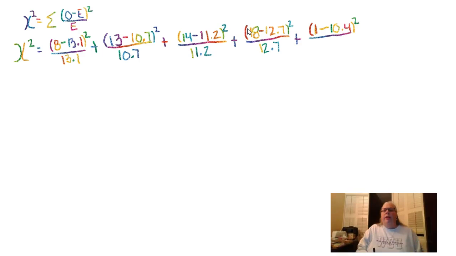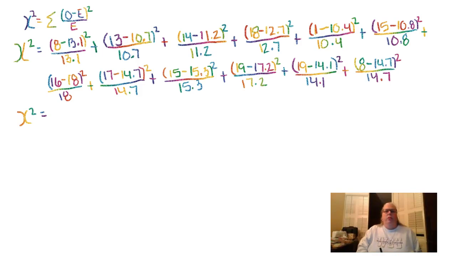I'm going to square that and divide by 10.4, plus, all right, the observed value in cell B3 is 15, and the expected frequency for B3 was 10.8, squared, and we're going to divide that by 10.8. And now I'm going to continue down here, and I'm going to do row C and then row D.